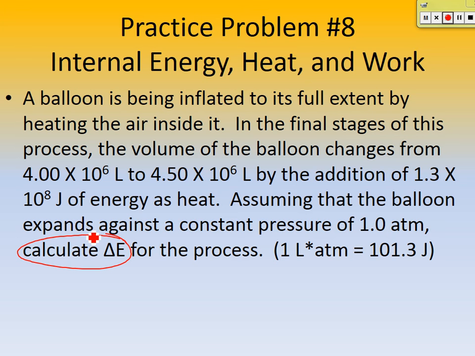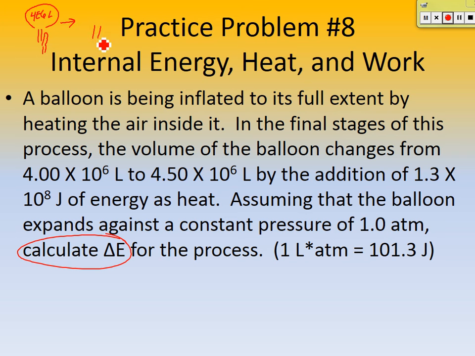Let's first start by drawing a picture of what's happening here. Okay, here's my balloon. It was at what volume to begin with? 4 times 10 to the 6th liters. Okay, we're heating it up. I don't know, I'm going to draw a little candle under here. It's heating it up, okay?